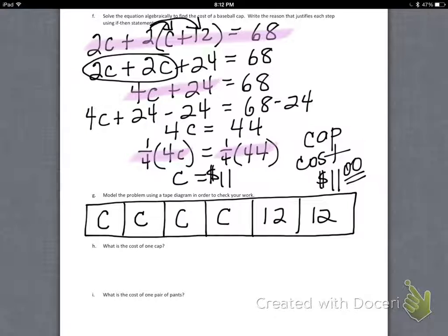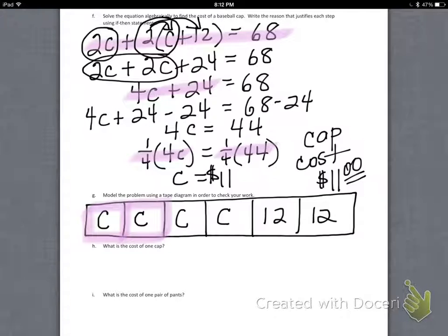Okay, and now G, not wanting us to get away from our tape diagram quite yet, to check our work. If you did put this tape diagram together, I took my two C's from here and put them right here, C and C. And then I had two C's right here.